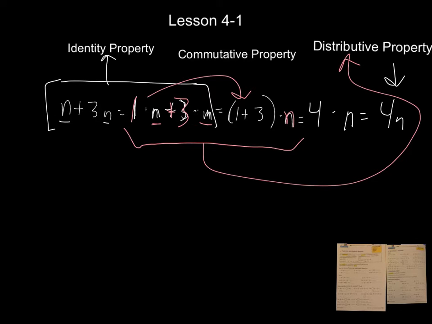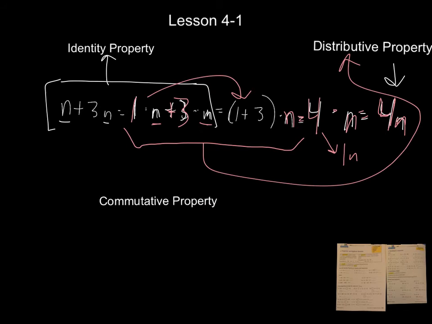So then you get 1 plus 3 times n. Well, you all know that 1 plus 3 is 4. Times it by n gives your answer 4n, because that n is actually 1n. You just don't write the 1 in there. So 1 times 4 equals 4 to give you a 4n. This is just a long drawn out picture of what you should sort of be understanding here, and it's going to have stuff to do with our lesson today.